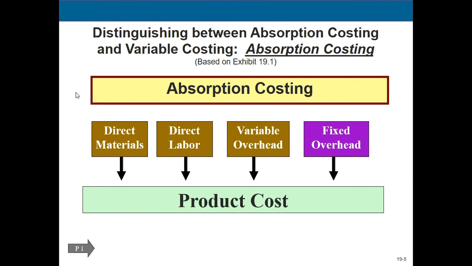So we're going to look at the difference between absorption and variable costing, and you'll see here that under absorption costing, there's everything we talked about, and now we've split overhead into two components. No longer is it just overhead, but now it's variable overhead and fixed overhead. But under absorption costing, product cost is direct material, direct labor, and all overhead.